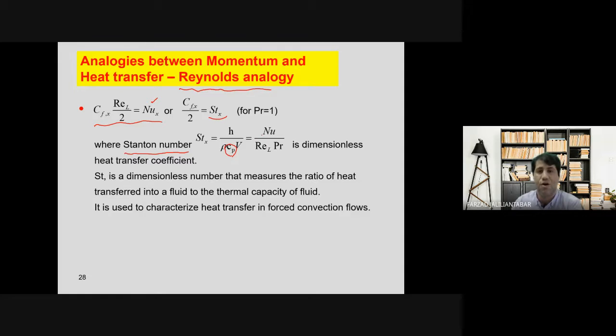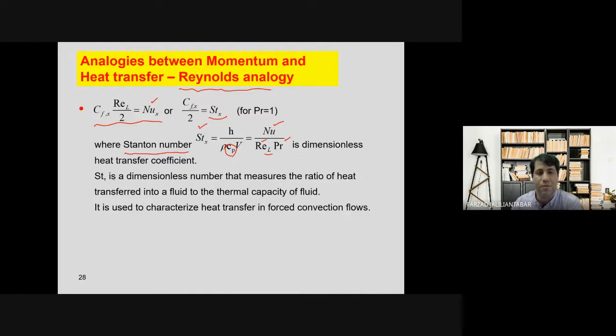Or the Stanton number is equal to the Nusselt number divided by the Reynolds number at the end of the plate multiplied by Pr, or Prandtl number. So Stanton, Nusselt, Prandtl, and Reynolds number: you can see some values and numbers which are mainly experimental or from the table.